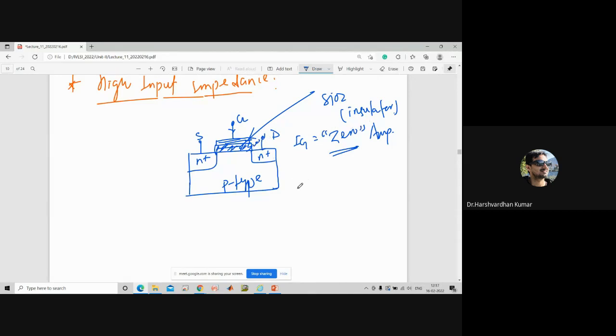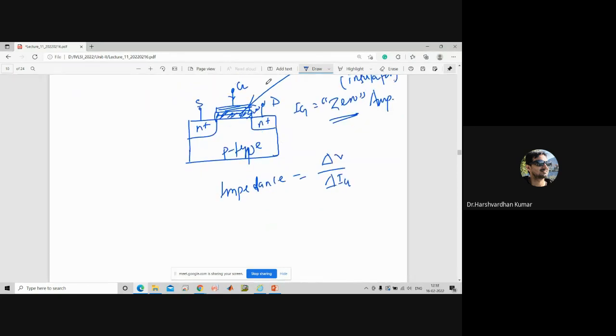So what is the definition of impedance? How can you calculate the impedance? Impedance here means we are talking about the resistance. So the impedance is equal to change in voltage by change in gate current. We know very well the gate current for this device is 0, right?